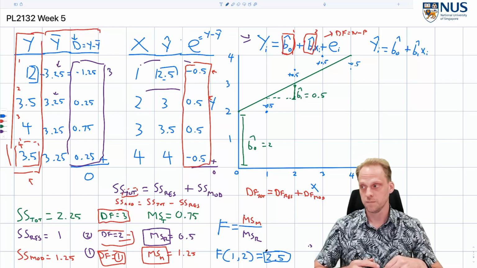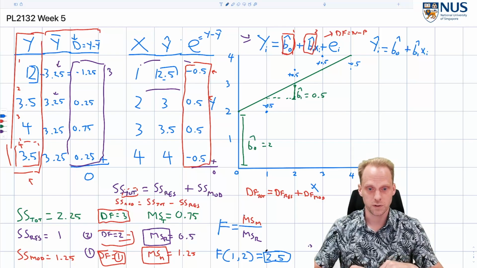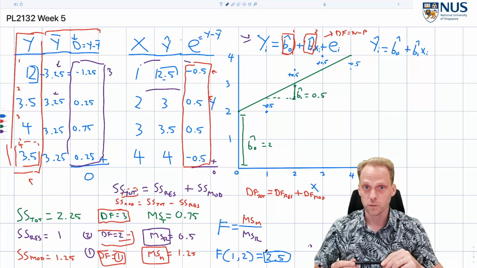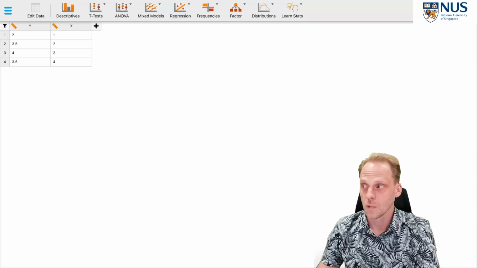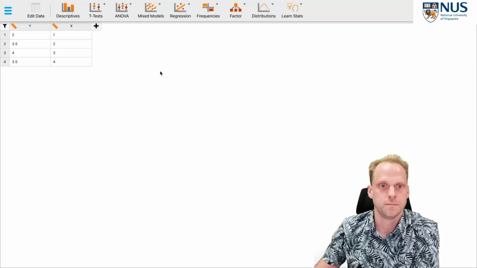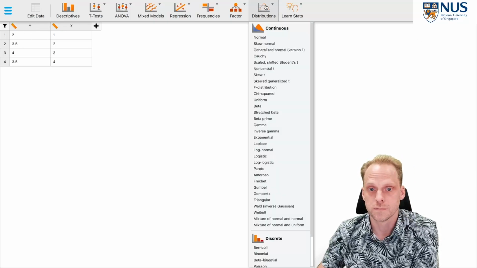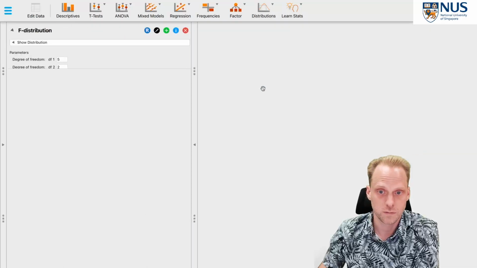Now the question is, is this a high value, a significantly high value, under a null model where we assume that the model is not explaining any variance. Okay, so let's take a look in JASP. So here we have the data, y and x. Let's actually look at the distributions panel here. F distribution.